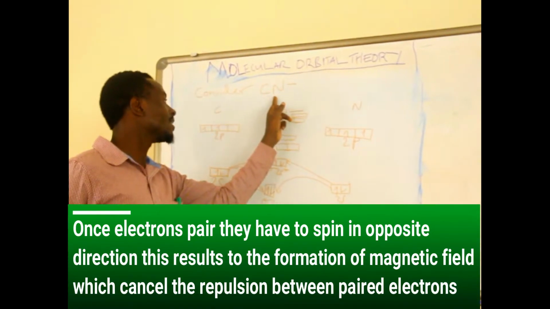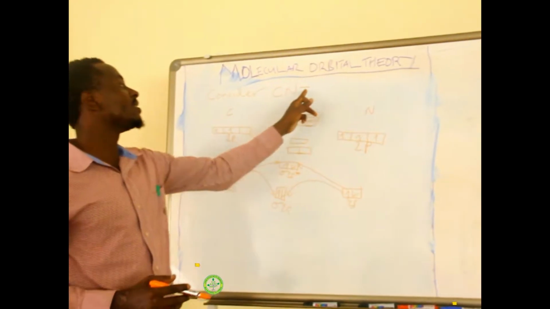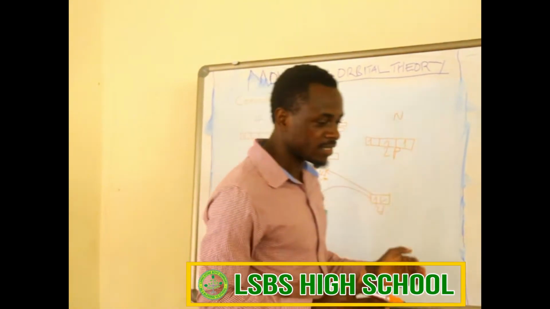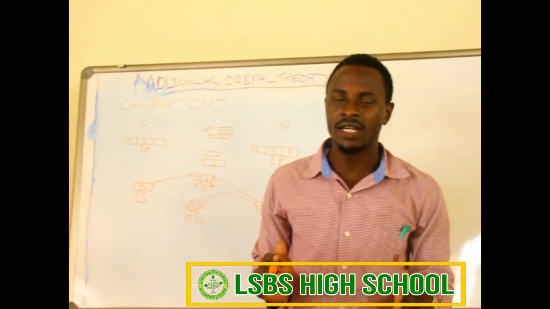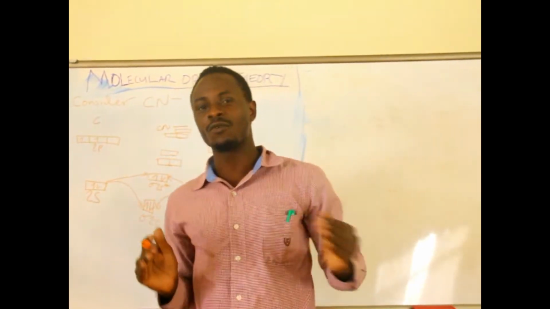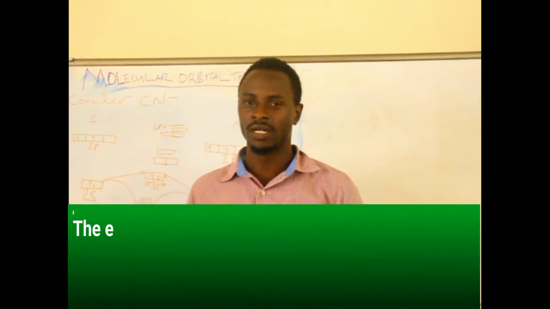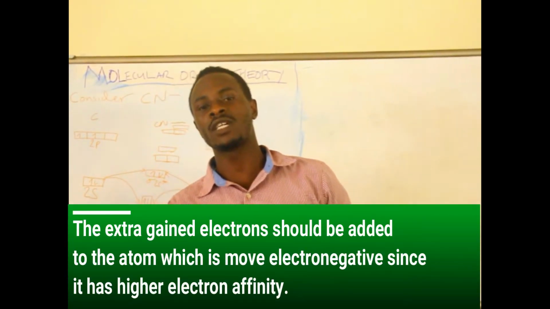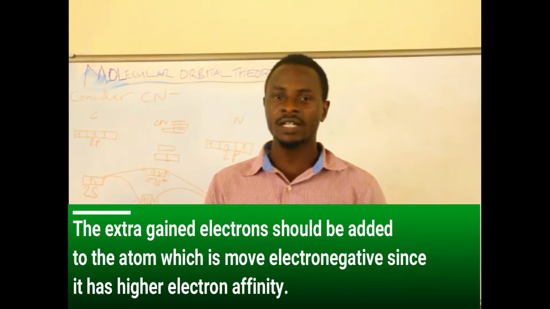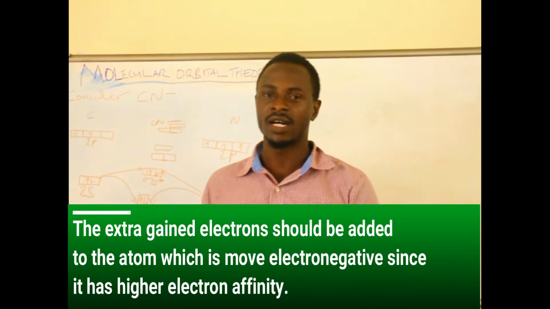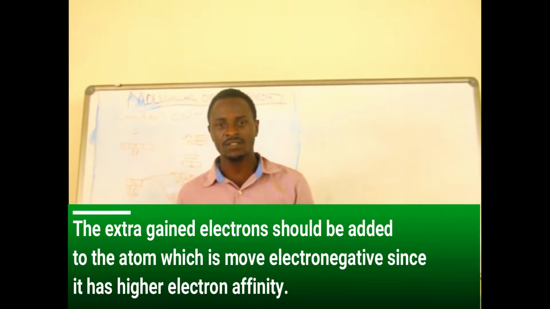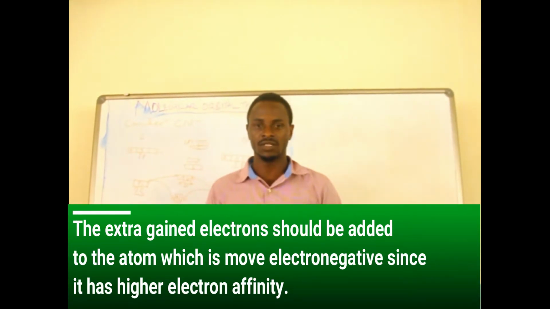Now in the cyanide ion, there is one extra electron which is gained. We have to understand whether the electron will be gained by nitrogen or by carbon. According to electronegativity, the atom which is more electronegative has a higher ability to accept electrons than the atom which is less electronegative.